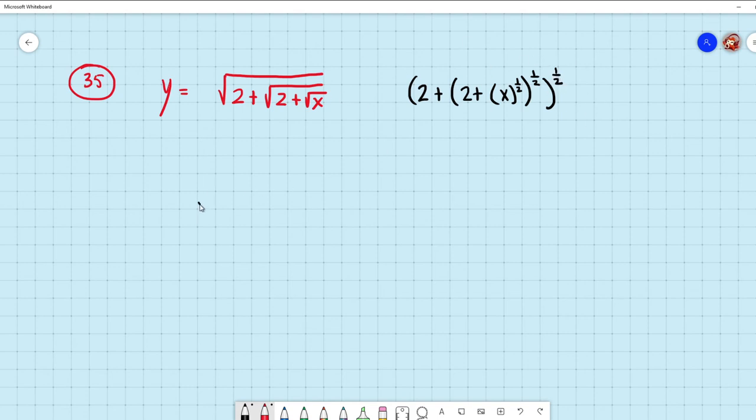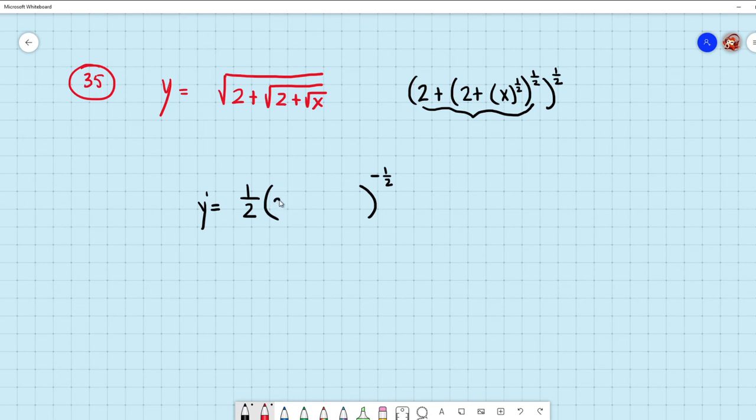So now let me go ahead and start writing it over here. The first thing I see is, well, this is my outer function, this square root, the one that I had circled originally. So how do I do that? Well, that would just be 1/2 the function to the negative 1/2. Well, what was inside is what I, again, write here.